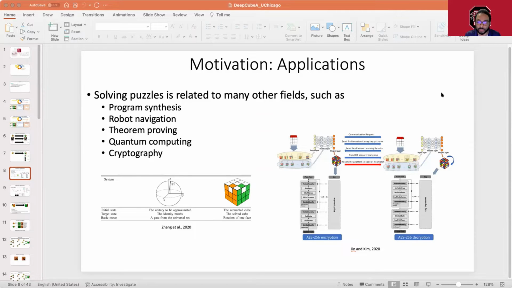The architecture we used for this project is essentially the same across all puzzles. The only difference is the input, which is the representation of each puzzle. For example, for the Rubik's Cube, there are 54 stickers, and each one can be one of 6 colors. So we just use a one-hot representation: 54 times 6 gives us a representation of 324.